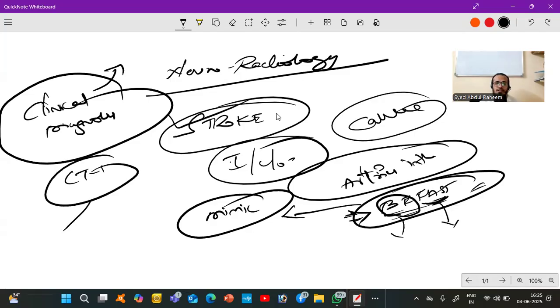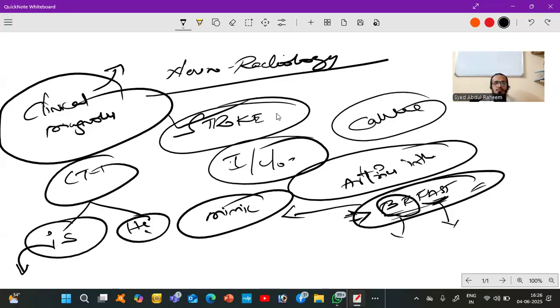To differentiate whether the stroke is ischemic or hemorrhagic, because the treatment plan changes. If hemorrhagic, the reason is hypertension. For ischemic, as we already discussed, cardioembolism or large vessel atherosclerosis are the reasons behind it.